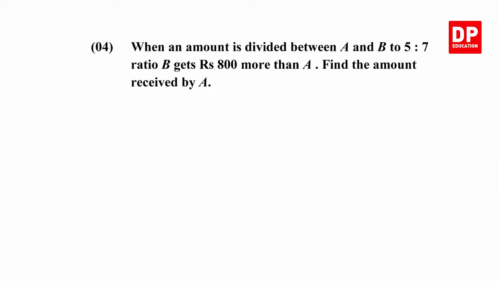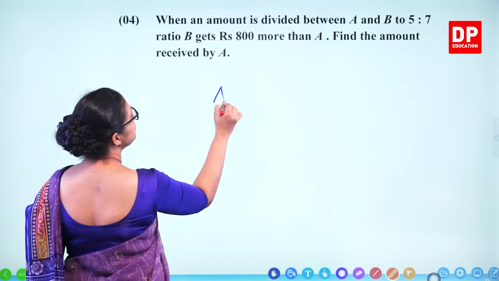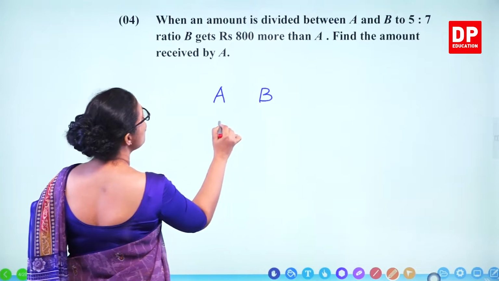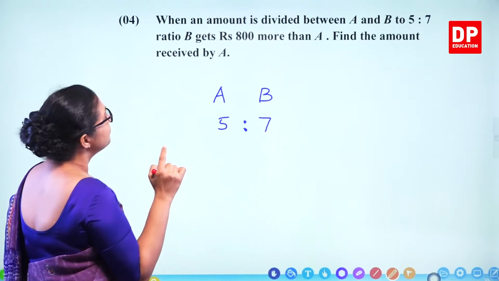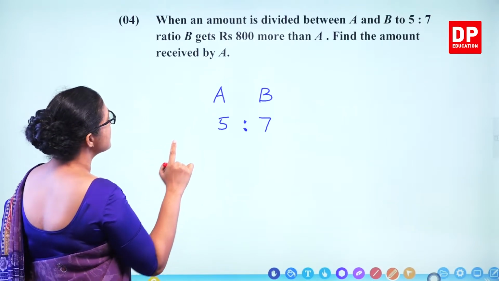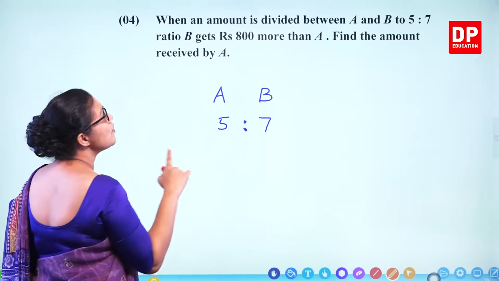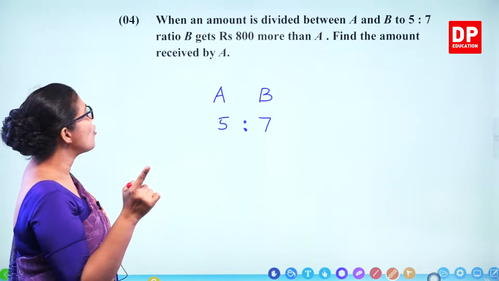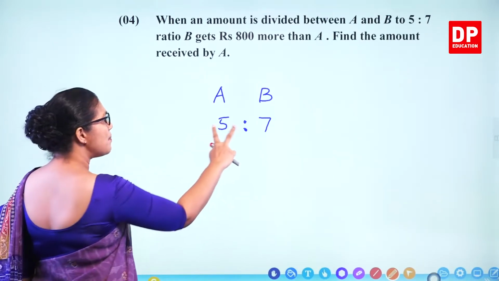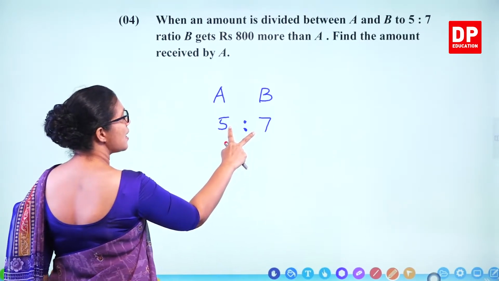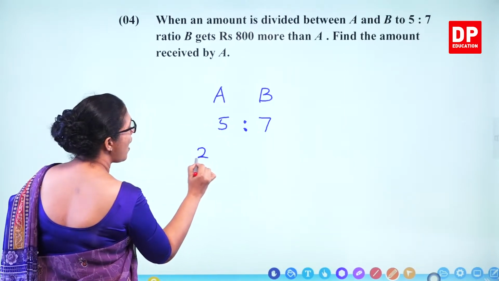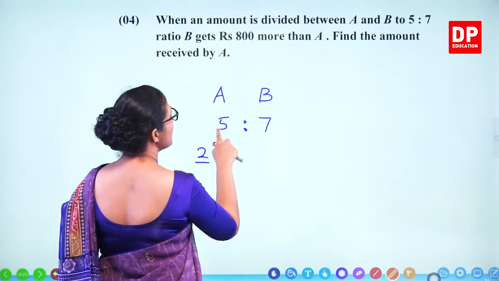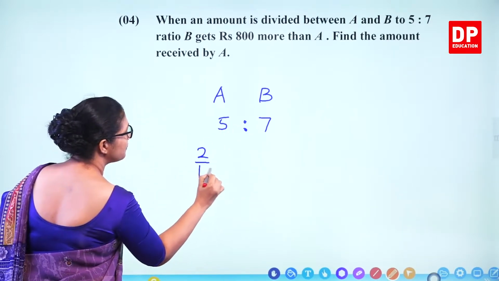Question number 4. When an amount is divided between A and B in the ratio 5 to 7, B gets 800 rupees more than A. Find the amount received by A. So that means the difference in parts, 7 minus 5, that's 2 parts out of 7 plus 5, which is 12.